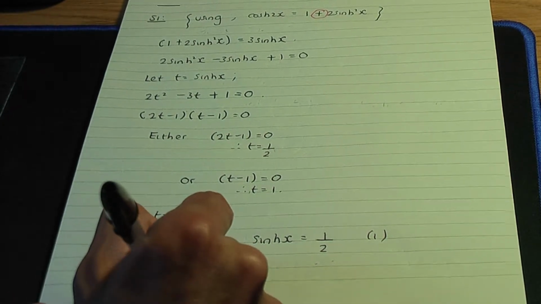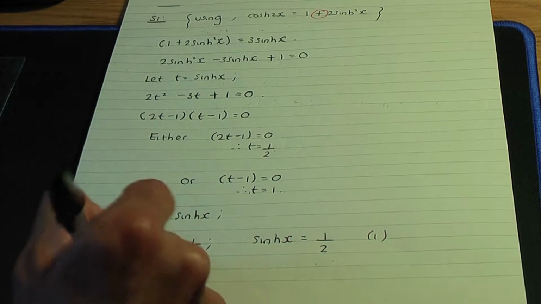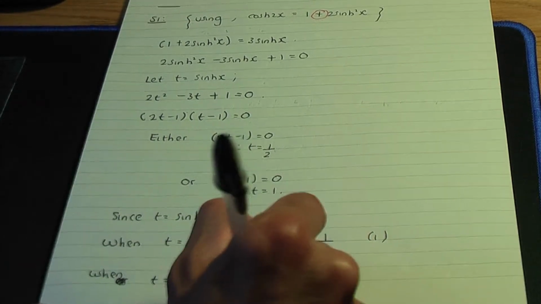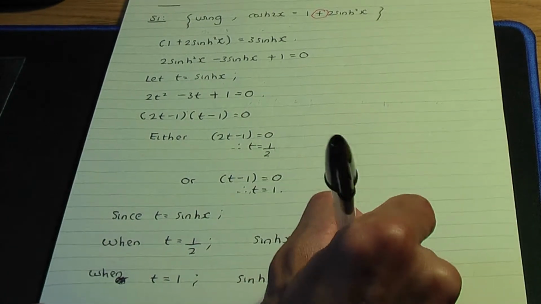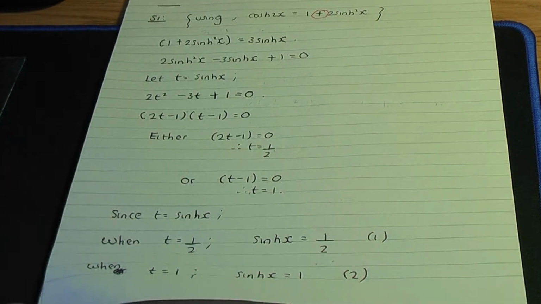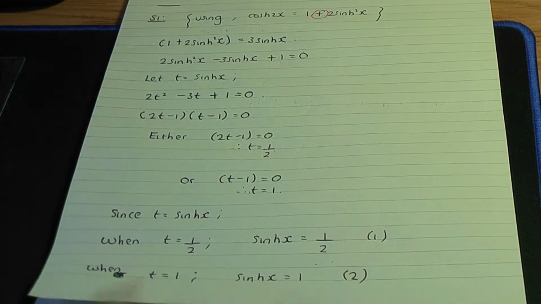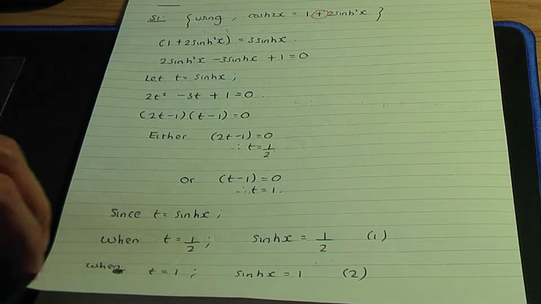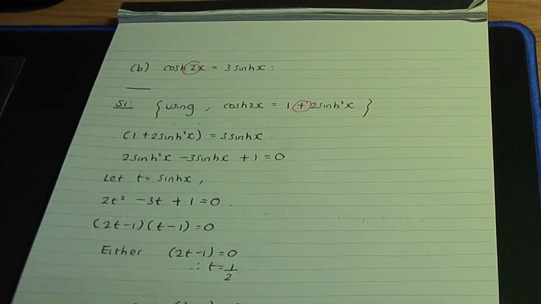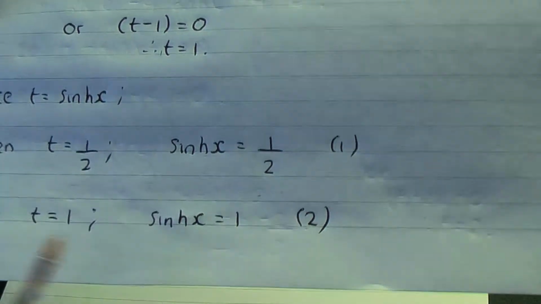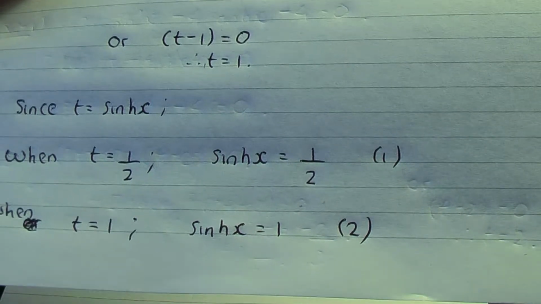When t equals 1, hyperbolic sine x is equal to 1, and we'll call that equation 2. Okay, so we have two equations to solve here to work out the x values. Now we'll call this step 2 because in step 2 we're going to be using the inverse definitions. So we're going to be using the inverse definition of hyperbolic sine to work out the corresponding x values.